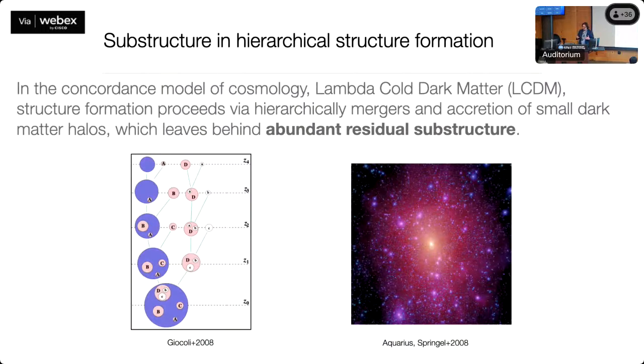To set the stage, the universe starts with very small mass halos that collapse first with very high concentrations and very low virial radii, and then they get accreted into larger and more massive halos over time. This is a hierarchical process.